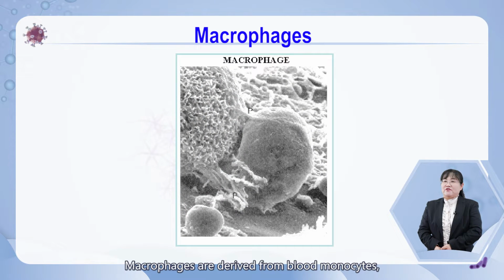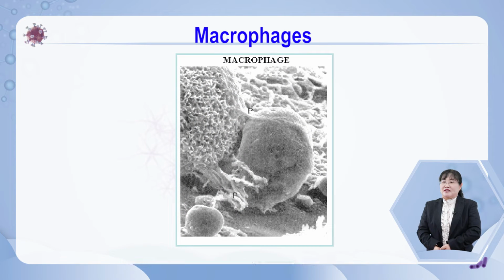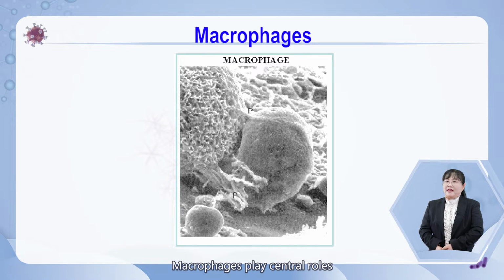Macrophages are derived from blood monocytes and are important effector cells for the elimination of microbes. Macrophages play central roles in innate and adaptive immunity by acting as professional APC.